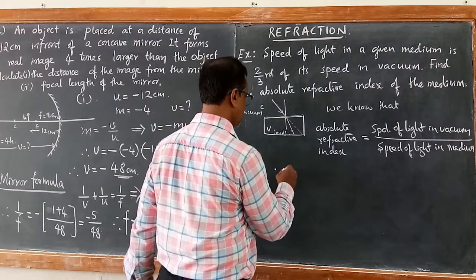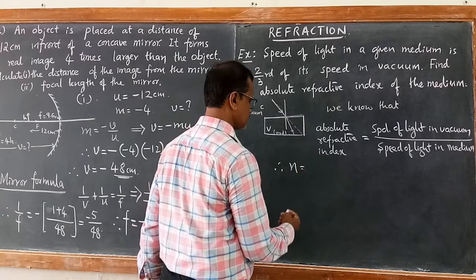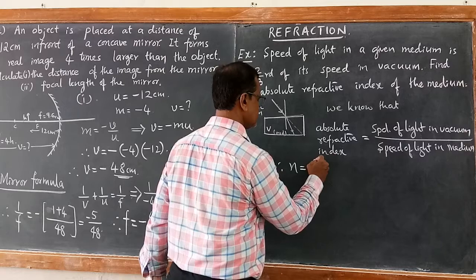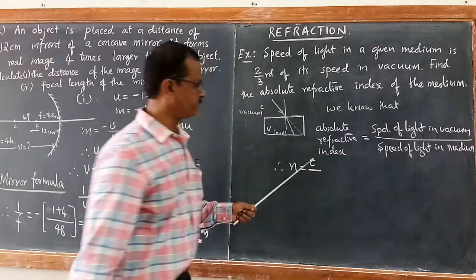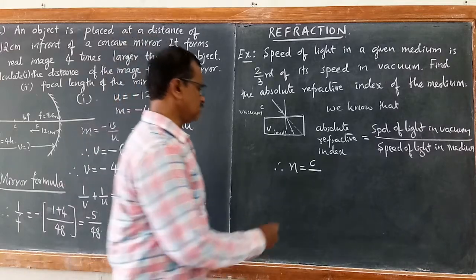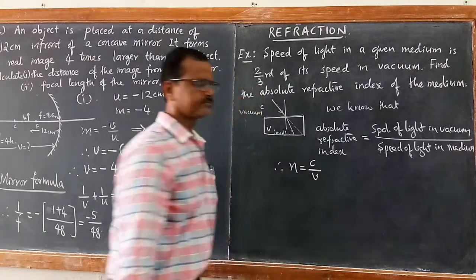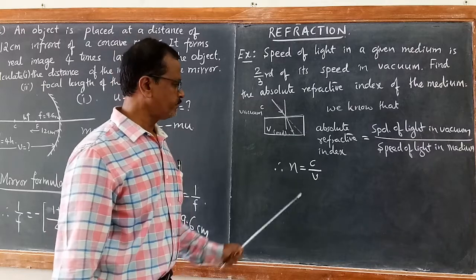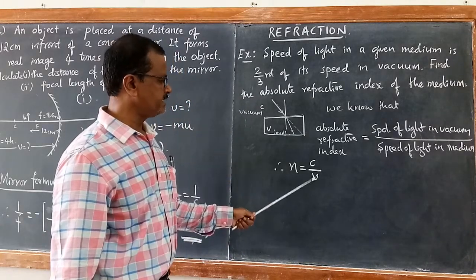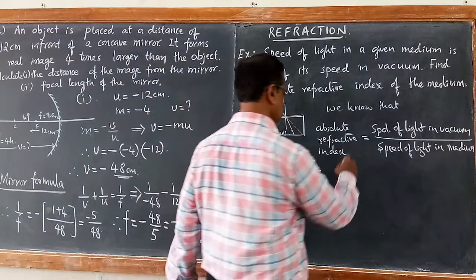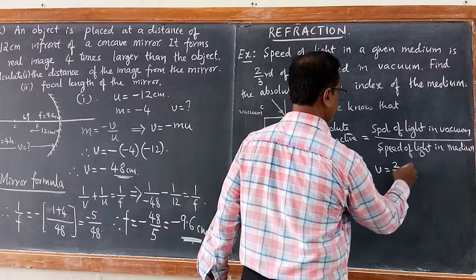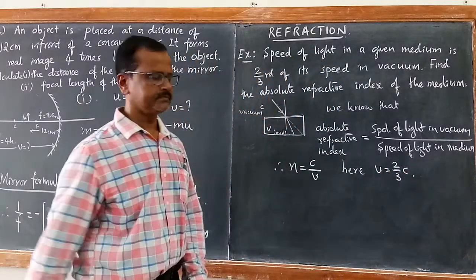So if you write symbolically, then N becomes equal to speed of light in vacuum. Always remember C is the symbol. C by V. Then it is given in the problem that this V is 2/3 of C. Substitute this value.